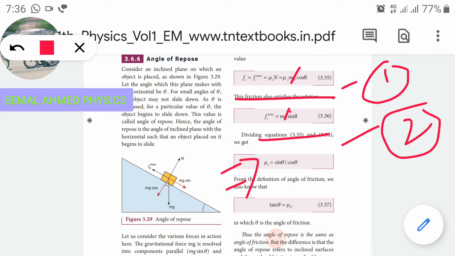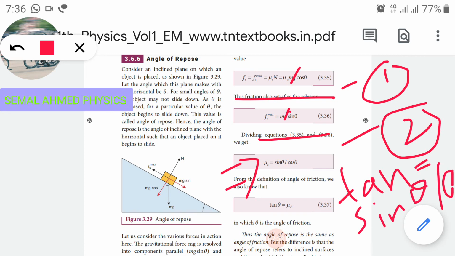So what is mu s? That is Fs by N, which we discussed in kinetic friction, the angle of friction. The final relation will come: sin theta by cos theta is tan theta.